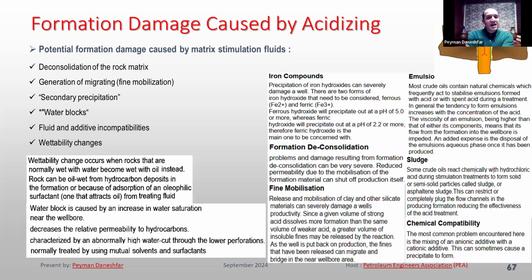Here, we have some formation damages caused by acidizing, like deconsolidation of rock matrix. In a sandstone, please remember, I told you before, when you use a higher strength of HF, maybe you release more elements in your formation, and after that you deconsolidate the rock matrix, and maybe it leads to severe sand production.